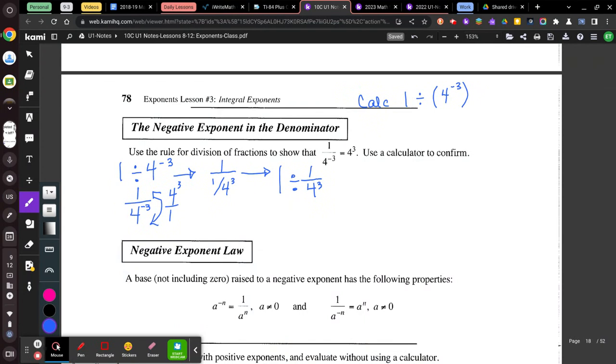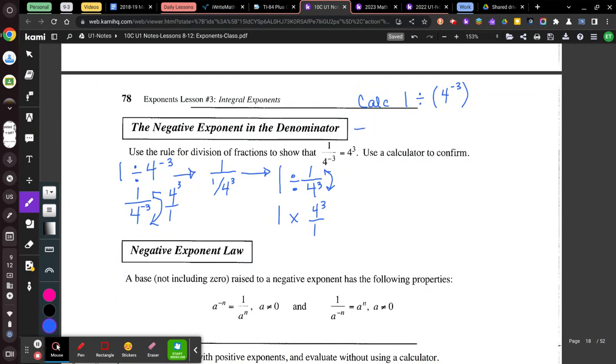Here, we're doing 1 divided by it. So we are actually going to put 1 times 4 to the 3 over 1. That's what we end up with because we got to flip this guy. And why are we flipping in the end? Because it's a divide situation turning to multiply. When we divide fractions, we flip and times. That's the rule.